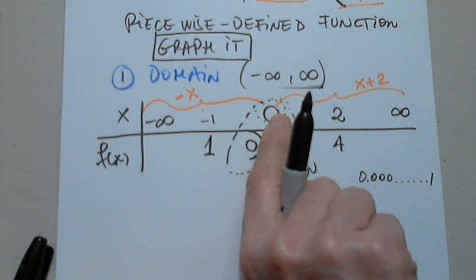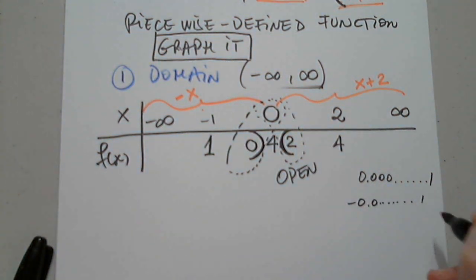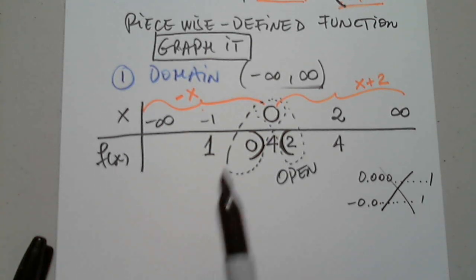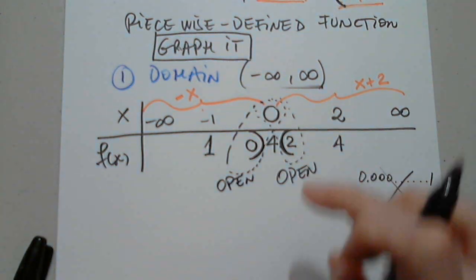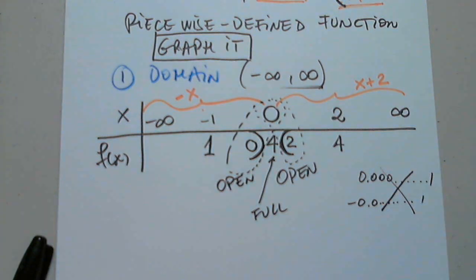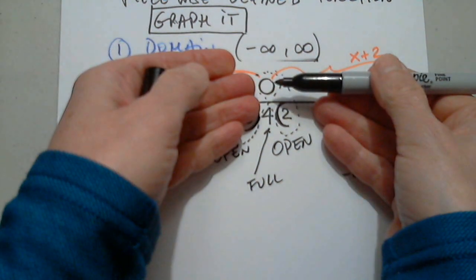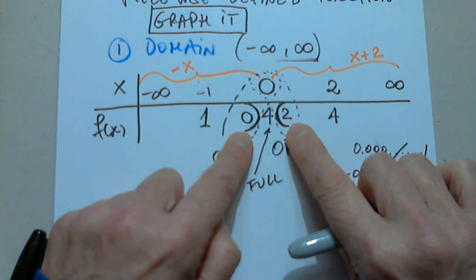But if it's in the immediate vicinity of 0 from this side, it will be negative 0.000001. Who wants to work with these numbers? No one. So I will plug in 0, but I will leave it open. And this will be the only one that is a full point. That's why we plug in 0 in these expressions, but we leave them open.